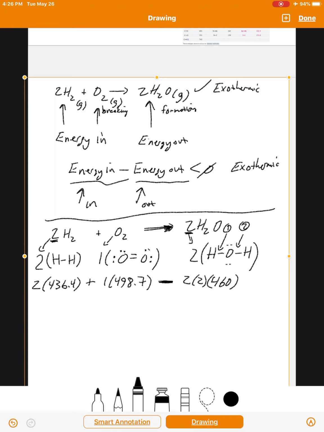Energy in minus energy out. Now, if you go through this calculation, this becomes 872.8 plus 498.7 minus 4 times 460. Okay, so let me just do that here. 460 times 4.